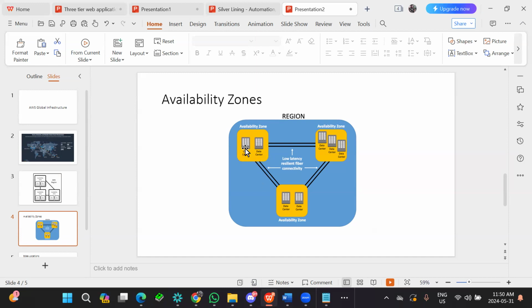So we have an availability zone here. It has 2 data centers. This has 2, this has 3. It should have a minimum of 1 data center, but typically AWS would have 2 or more data centers in each availability zone.